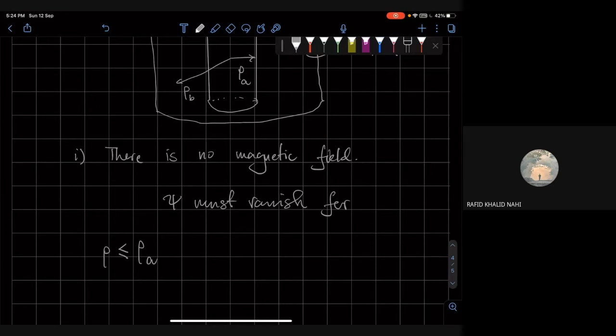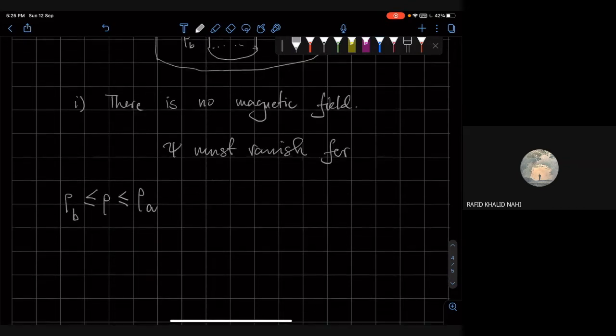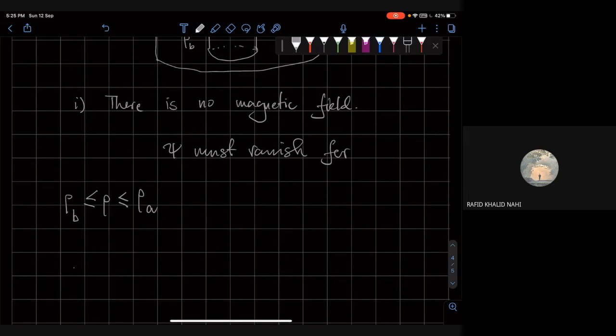Why is this? Because the walls are impenetrable. Right, exactly. And it will also vanish for rho bigger than rho B. But we are not really interested in the other one so much, as we'll see. Okay. So now, situation B.